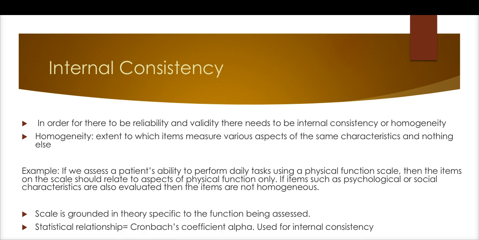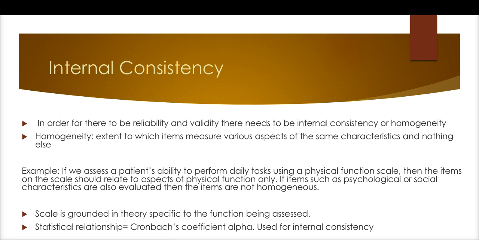And just to bring you back to a statistical mindset, I want to also provide you with the statistical test that is used to determine internal consistency, and that's the Cronbach's coefficient alpha.